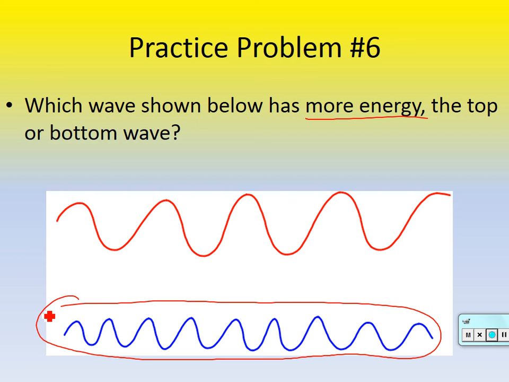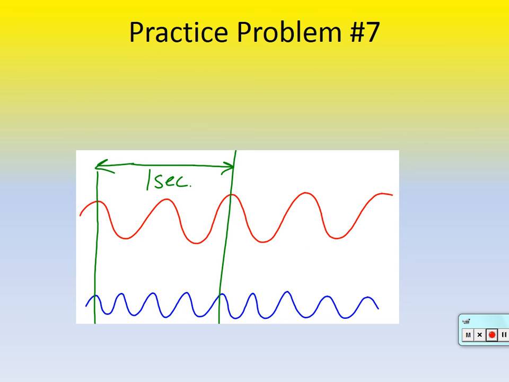How is wavelength related to energy? As wavelength goes up, what happens to energy? Goes down. How would you describe that relationship? Inverse. That's an inverse. Yep. Okay, I think this will be the last practice problem for this video.